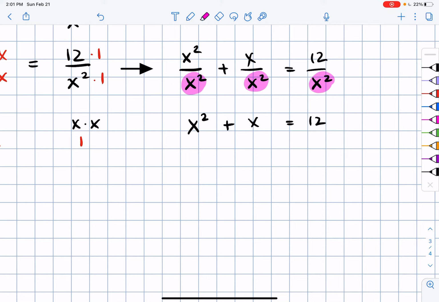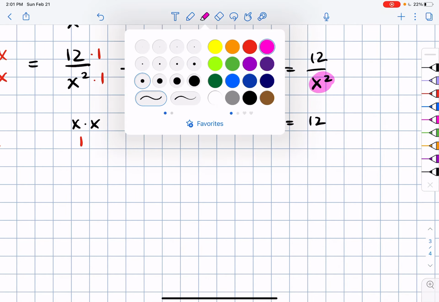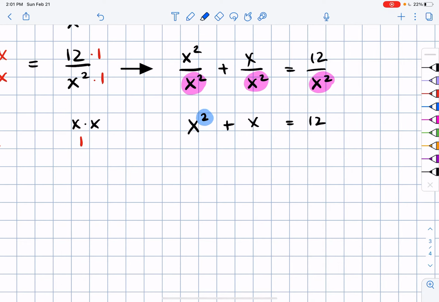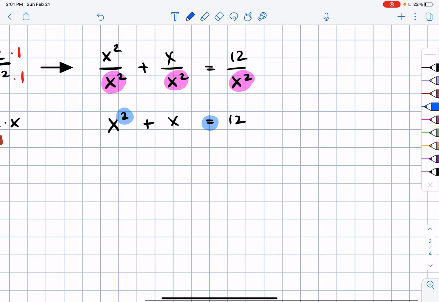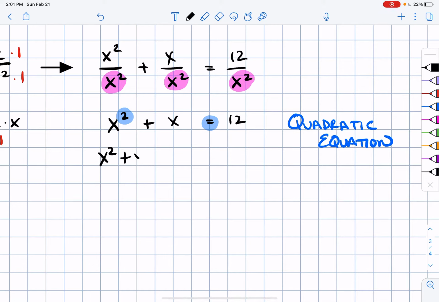I see an x squared and an equal sign. What does that mean? It means a quadratic equation, which means I gotta get everything on one side. So that means I gotta do x squared plus x minus 12 is equal to 0.